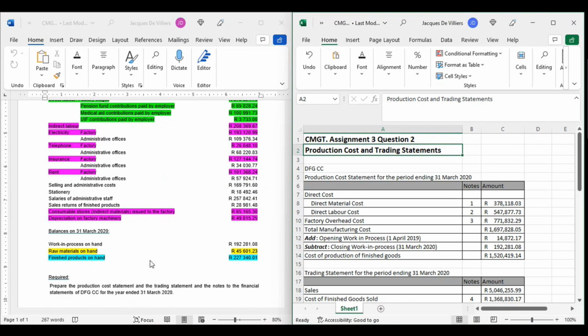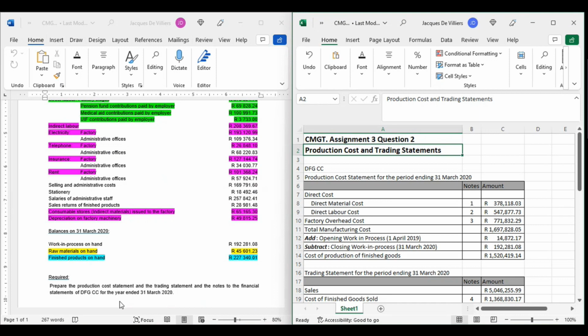Okay. Now, what I said to you, when we look at the production cost statement, we are looking at those typical production costs that we looked at before, namely our direct cost and our factory overhead cost. That's really what we are looking for. So when we look at direct cost, we always talk about two components there: direct labor cost and direct material cost.